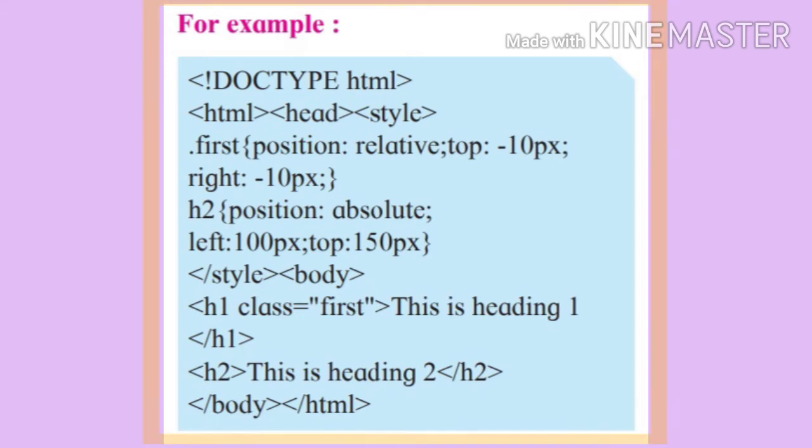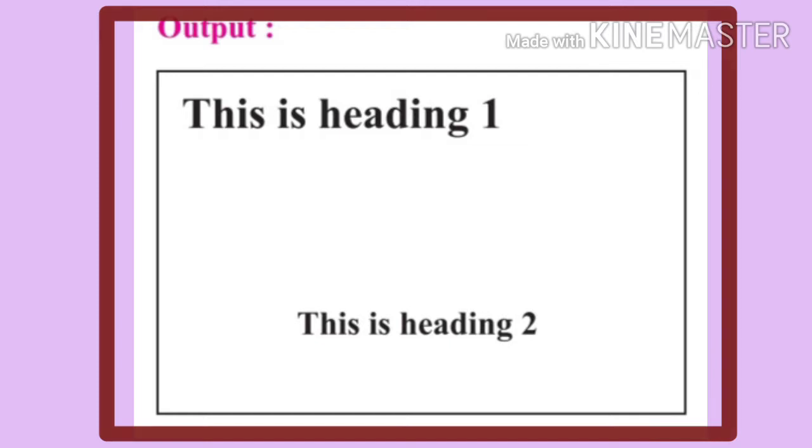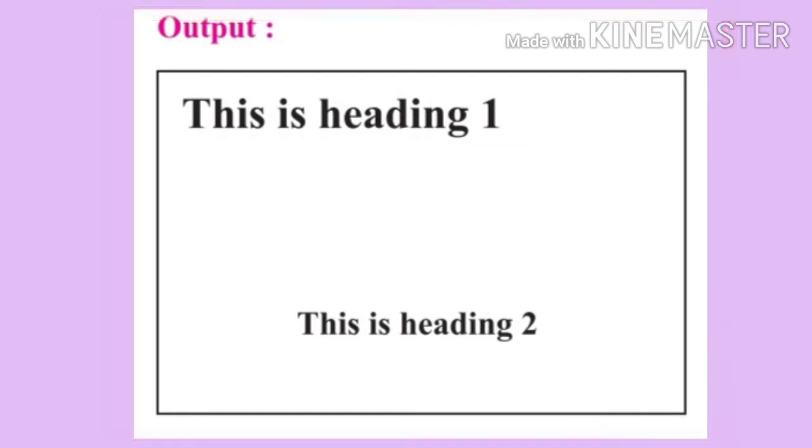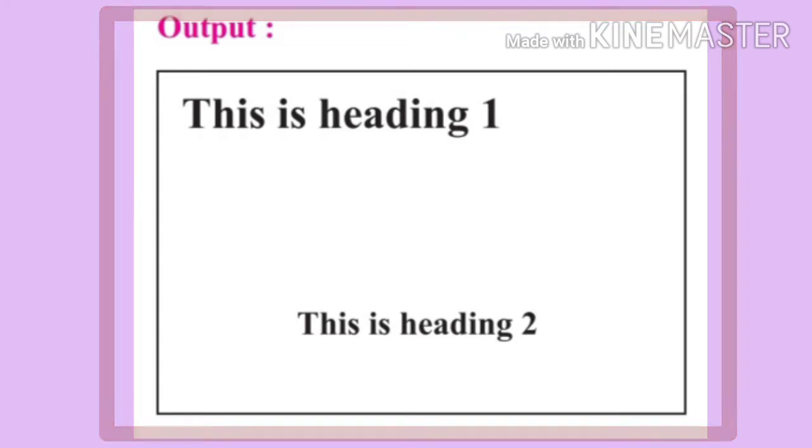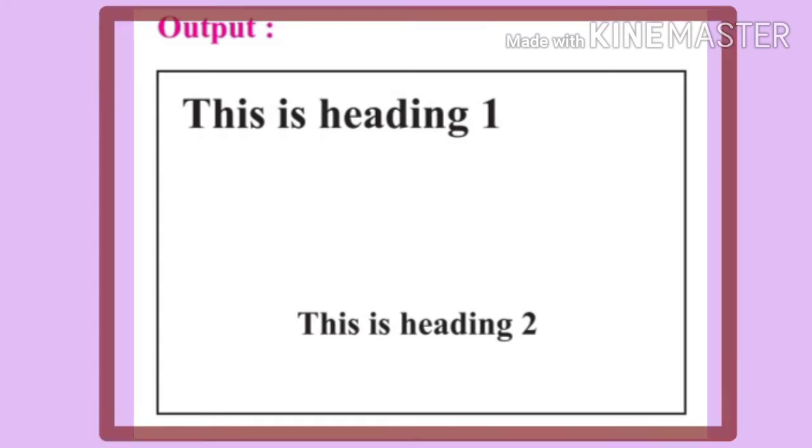Now run the program on the browser and see the output. Here you notice that this is heading 1 text according to the top and left margins relatively, and second text, this is heading 2 according to the left margin 100 pixels and top margin 150 pixels.